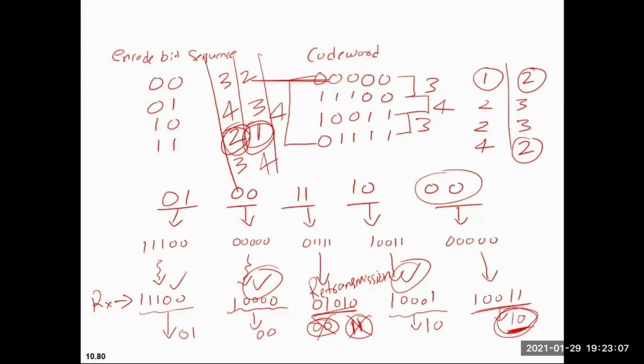When you are appending your data word with 3 bits in the code word, you can detect and correct a single bit error. If you append your data bits by 5-bit code words, you can detect and correct 2-bit error.